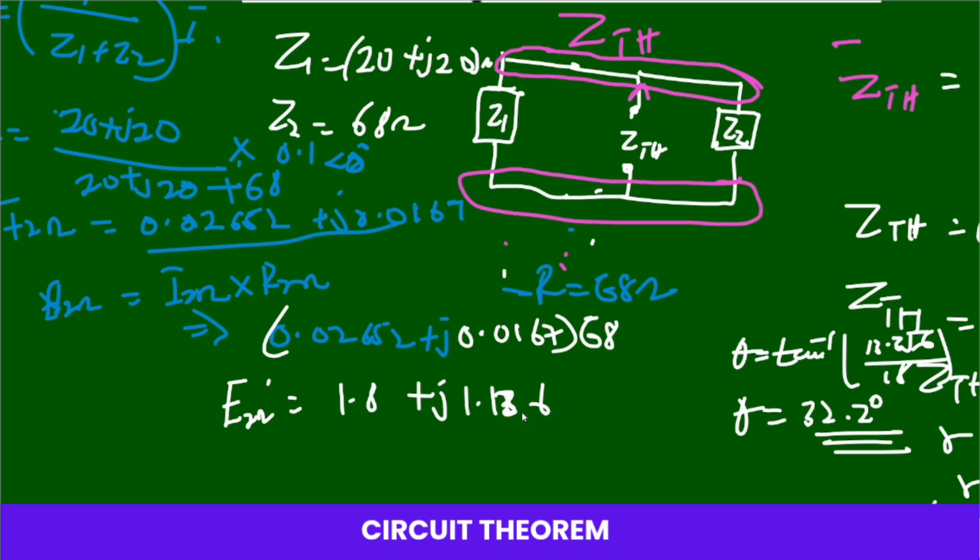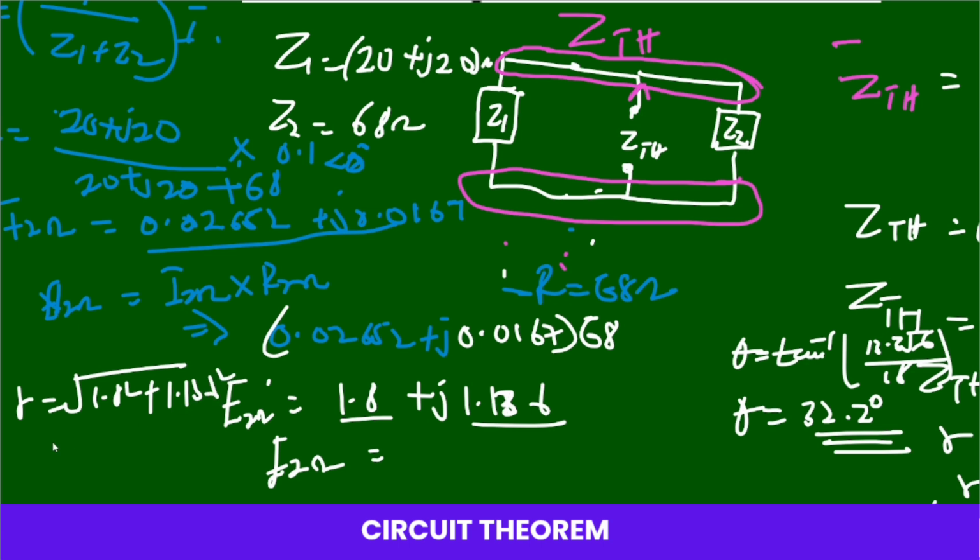Okay. So let's convert it to polar. You can just leave it like it. So we know how to do it, right? As usual, the value of R is equal to this square plus this square, all in a root. So that's 1.8 squared plus 1.136 squared. And that will give us the value of R to be equal to 2.131.